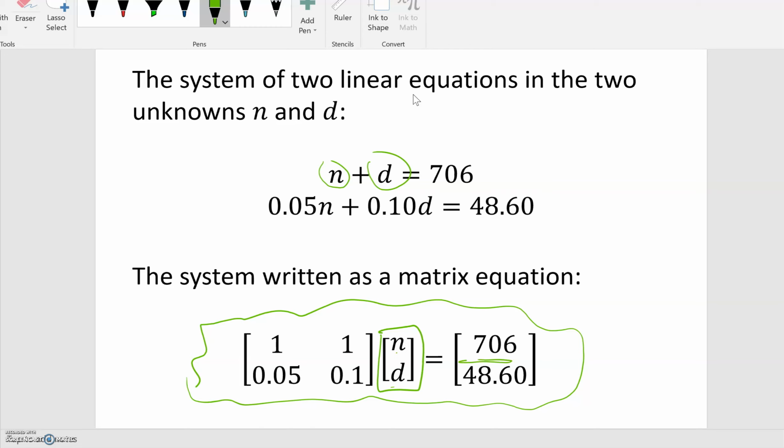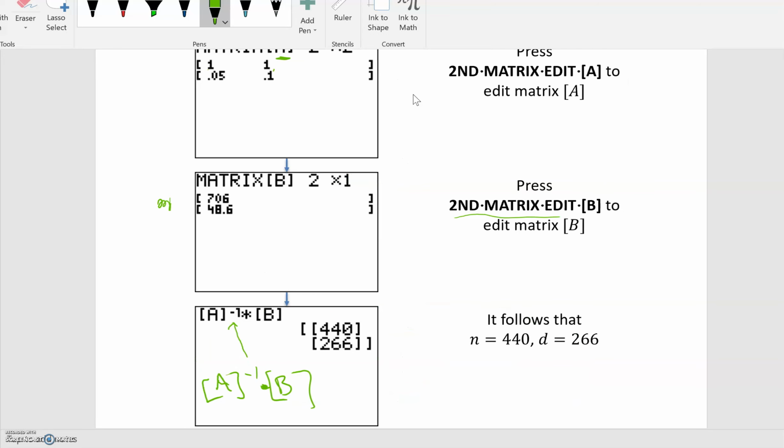So whatever the uppermost number is going to correspond to the number of nickels, and the lower number is dimes. So this is nickels, and this is dimes. Okay, so there's our solution. So we have 440 nickels and 266 dimes.